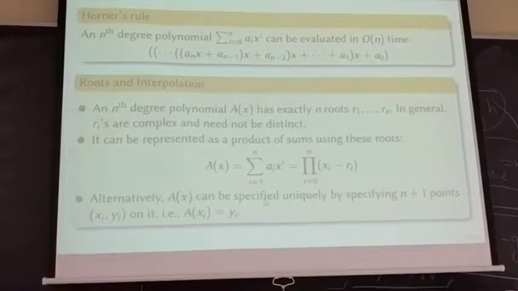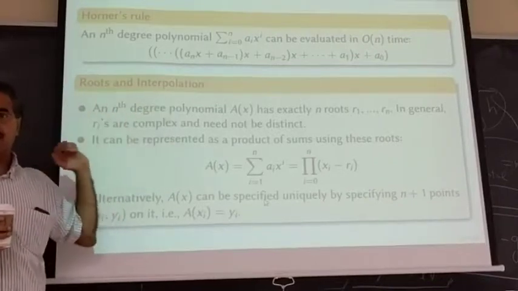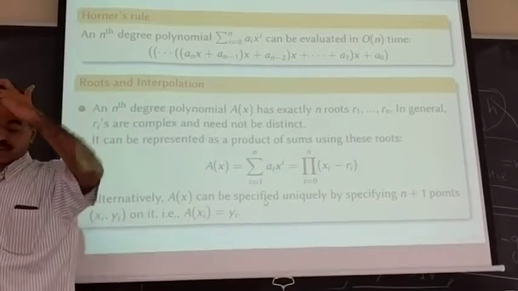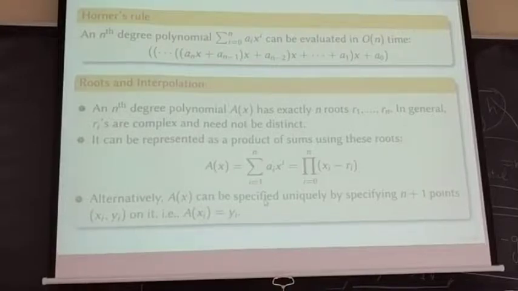If you evaluated the polynomial naively, how many multiplications would you use? N squared, right? Because just to compute x to the power n, you will already have n multiplications. So there will be n squared multiplications if you do it naively, but by using Horner's rule, you're getting just n multiplications total.